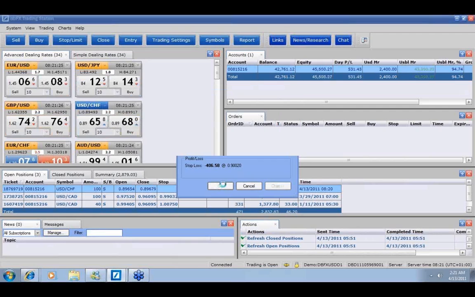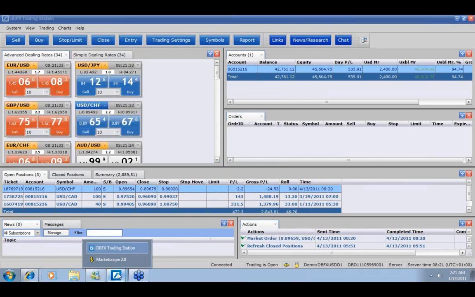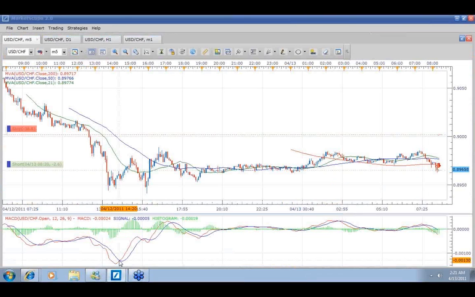Here's the stop loss on the chart, the red line up here, so it's giving you ample room on the 5-minute chart.